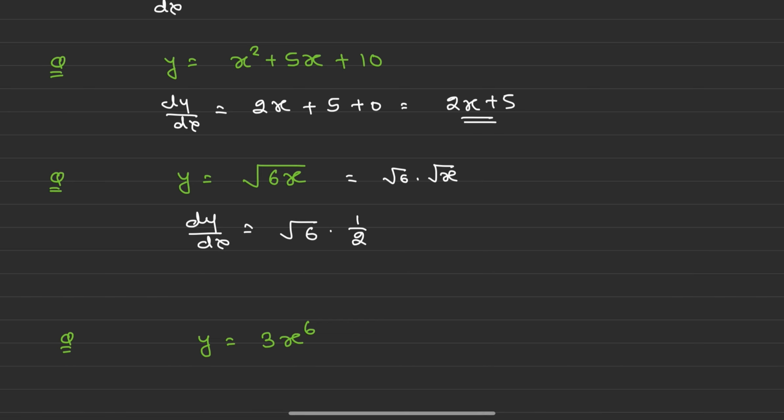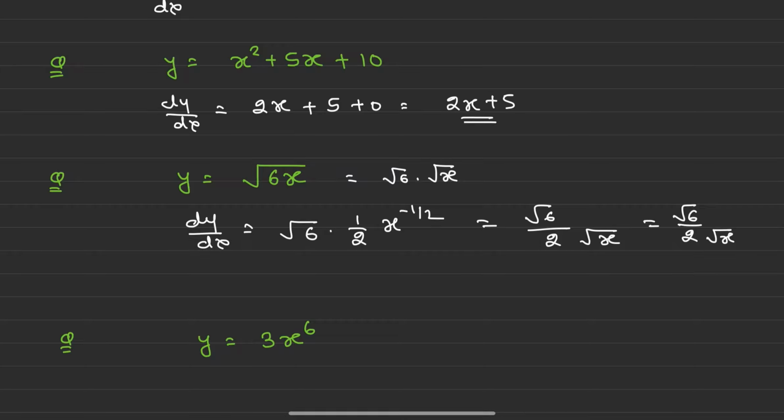So it will become 1 by 2 into x to the power of 1 by 2 minus 1. 1 by 2 minus 1 will become minus 1 by 2. So it will look like under root 6 divided by 2. The x term will go in the denominator and become root x. Okay, so the correct answer will look like root 6 divided by 2, and in the denominator we have under root x.